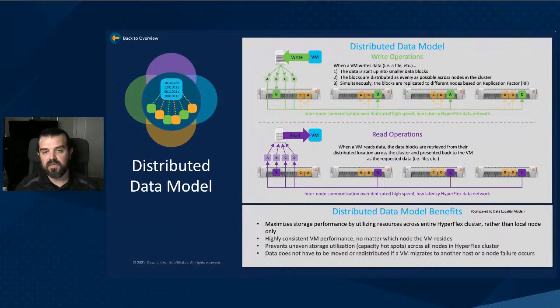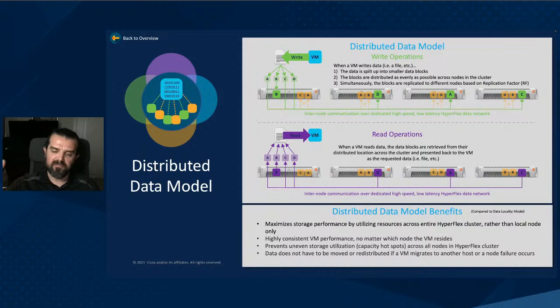When you look at the software part, we have a different approach to how we access storage. A distributed data model gives us better performance, better high availability, and better recovery timings. With the distributed data model, we are using object-based storage.